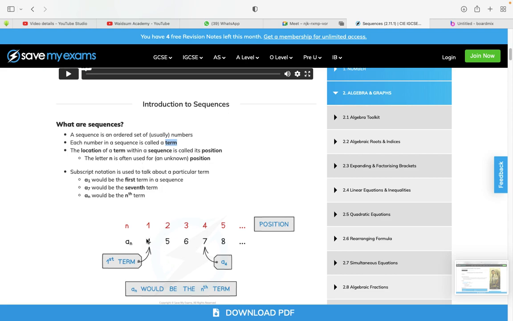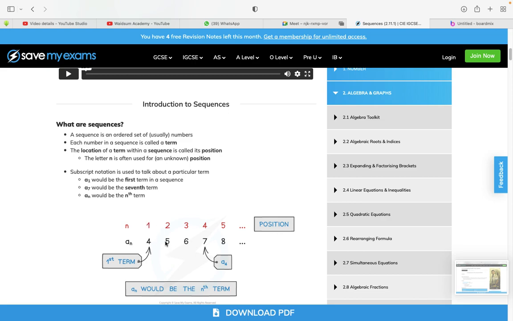For example, if this is the first number, this will be the first term, and then this will be the second term. The 6 will be the third term, 7 will be the fourth term, and 8 will be the fifth term. Now, their location is their position. If you are in the first place, you'll be in position 1.